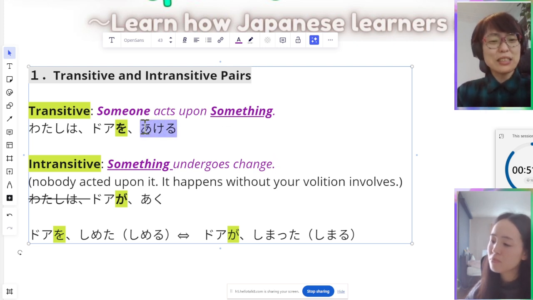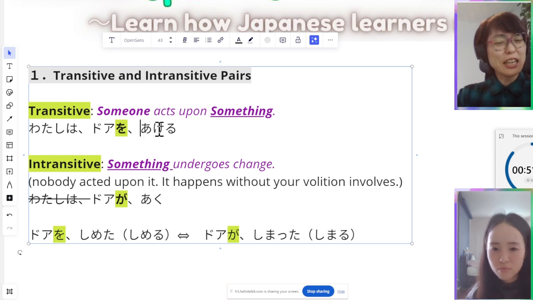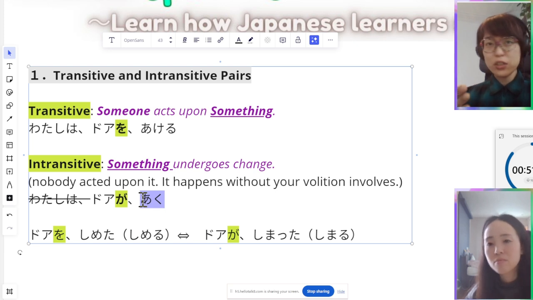What's difficult is, first of all, that they sound really similar. ドアを開ける. This is an 一段 verb, 開ける, and the 漢字 is the same. ドアが開く. The 漢字 is the same. So you cannot grasp from the 漢字 whether it's someone's action or something just happening. You have to see how it conjugates.